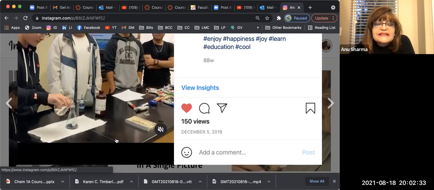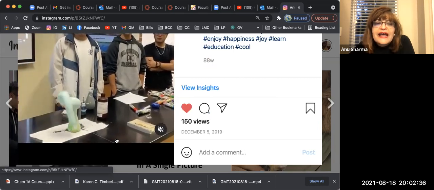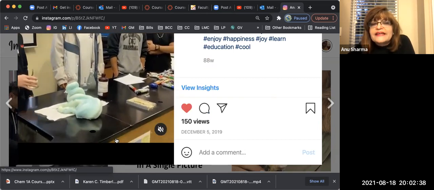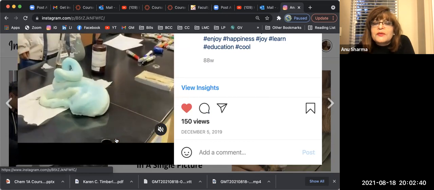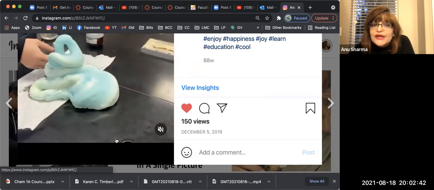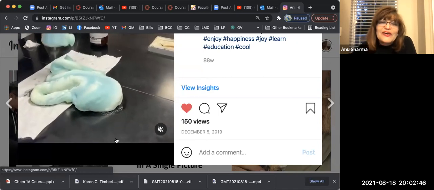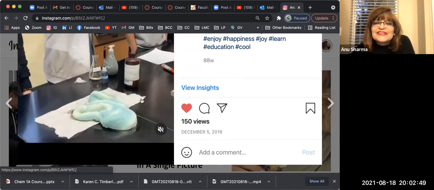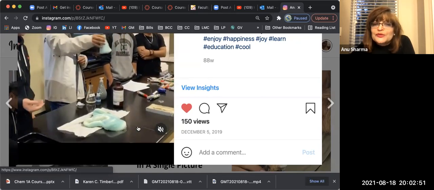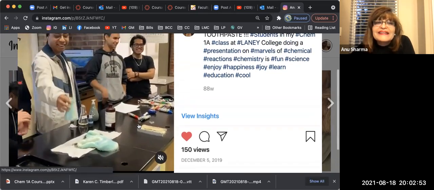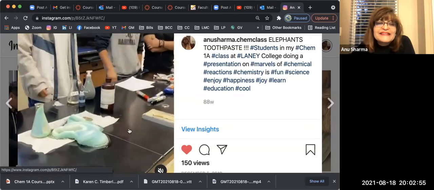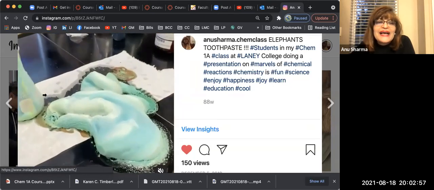They are mixing these chemicals, and students generally think chemistry is all about explosions and chemicals in the lab. And see, this is even hot, they're touching it and saying that it's hot. It's very interesting. I think it's the elephant toothpaste. They made it in the lab, and it's really funny, but they did this very good lab.